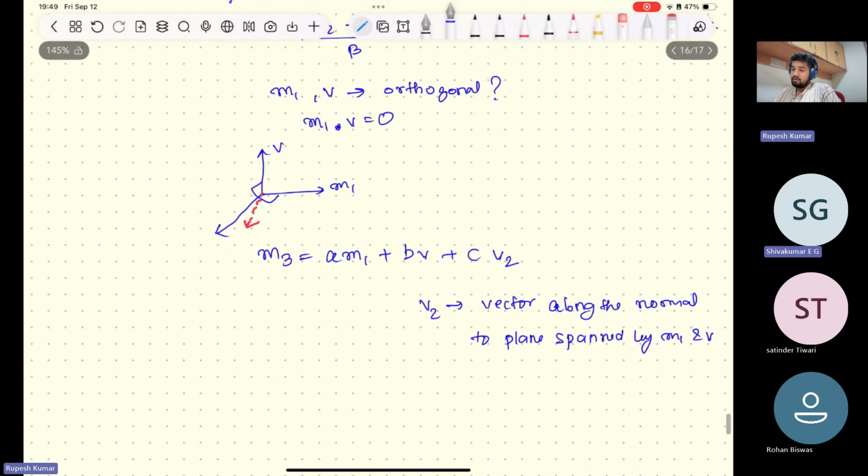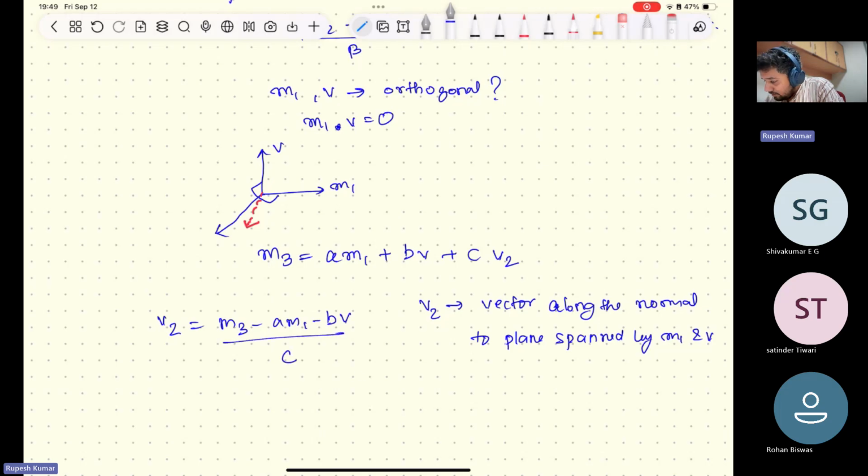So this is the vector. Now from here I can figure out v2 equals m3 minus a m1 minus b v, divided by c, and a, b, c can be figured out easily. You all know how to figure this out: simply take the projections along them and you will get the answer.